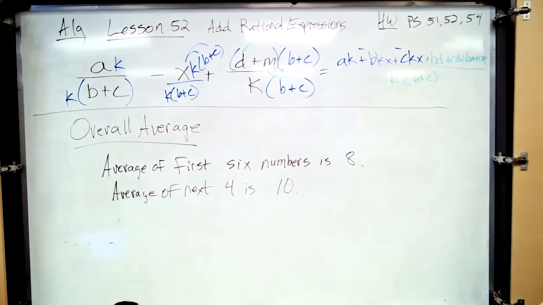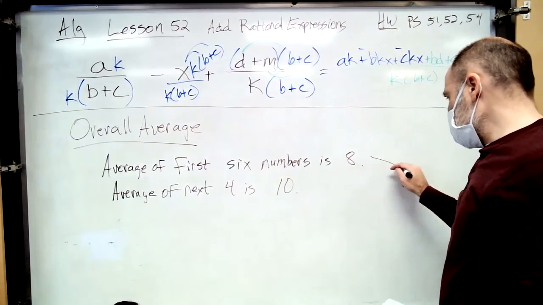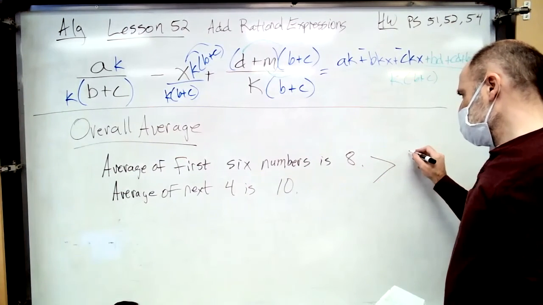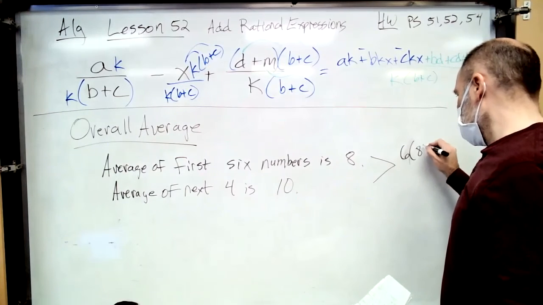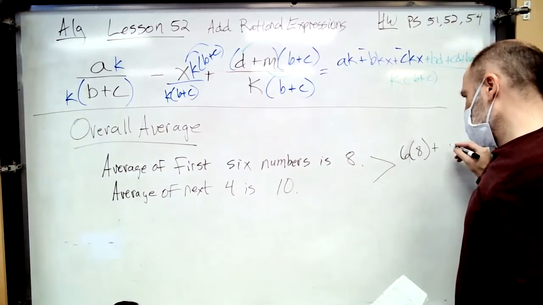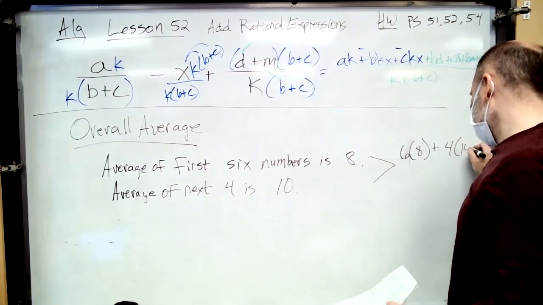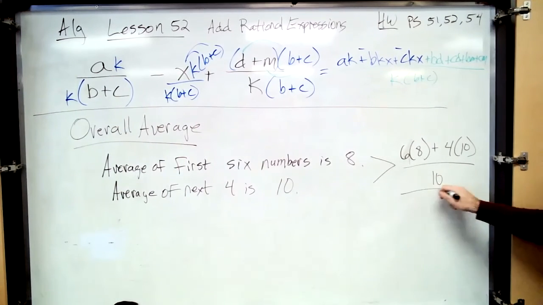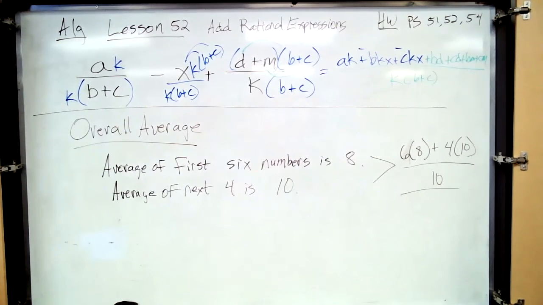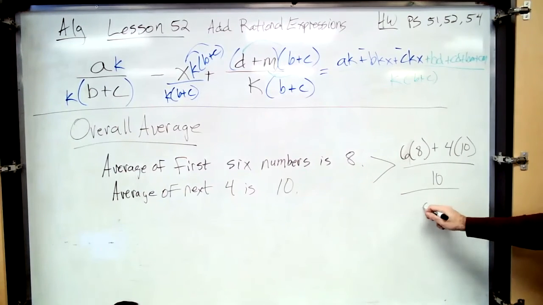So how many numbers is that totally? 6 times 8, plus 4 times 10. There's 6 8s and 4 10s, so that's 10 numbers. Then divide by 10. 48 plus 40 is 88, divided by 10 is 8.8.